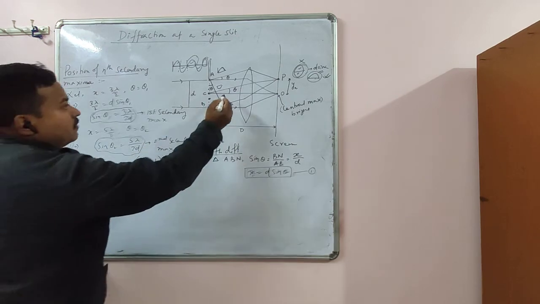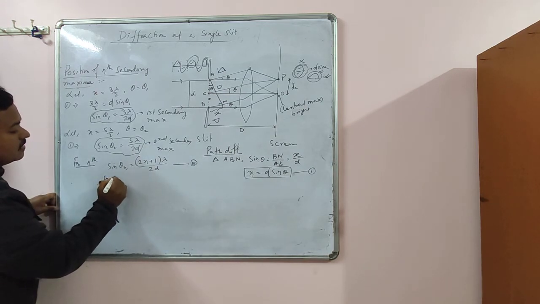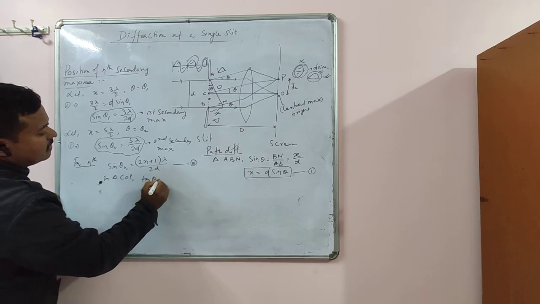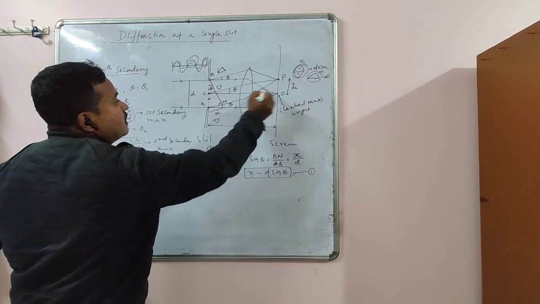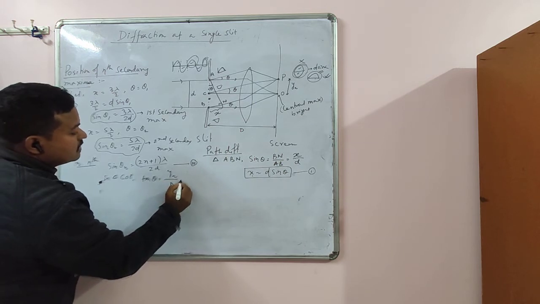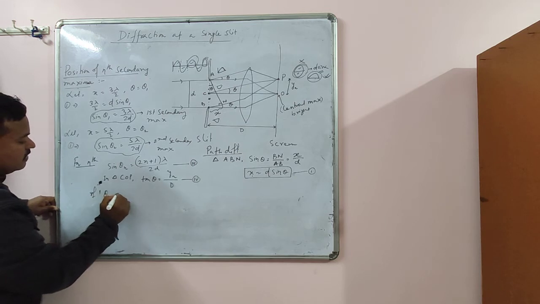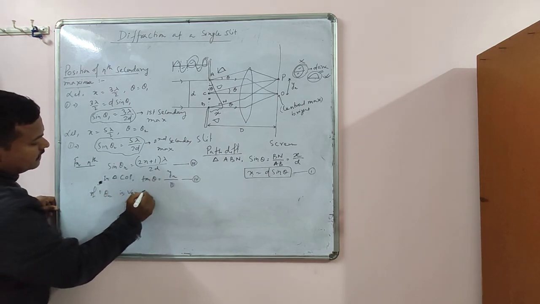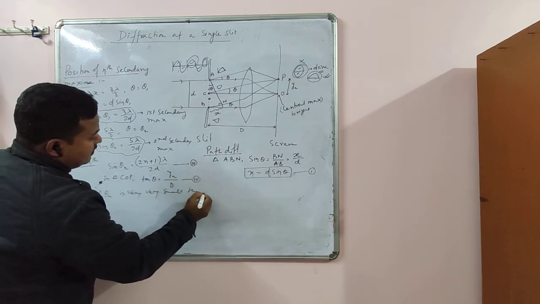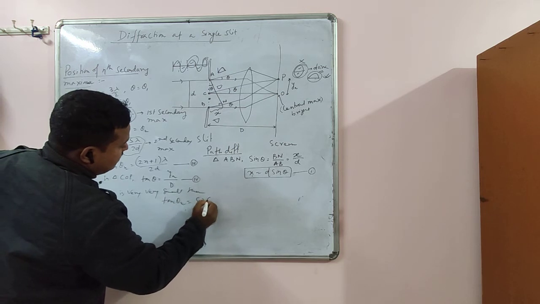Now again, similarly we can find out tan theta. So in triangle COP, you take tan theta n, it is perpendicular by base, that is Yn by D. Now if theta n is very small, then you can write tan theta n equal to sin theta n.